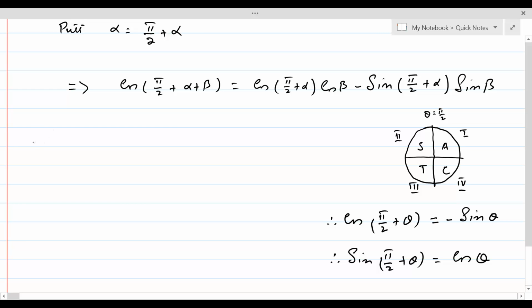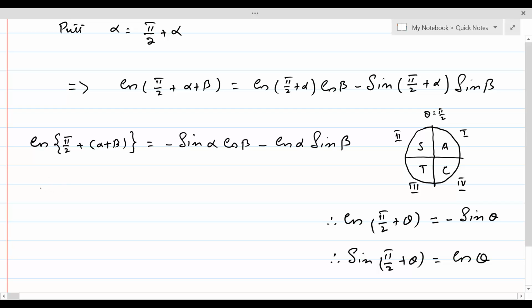So this would be cos of pi by 2 plus alpha plus beta here, equal to this: cos of pi by 2 plus alpha will become minus sine of alpha into cos of beta, minus cos of alpha into sine beta.